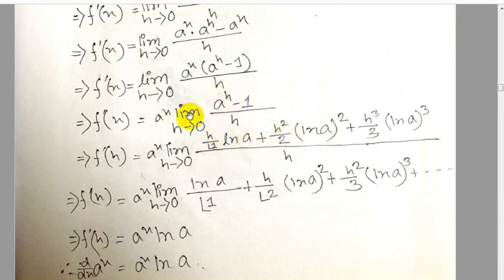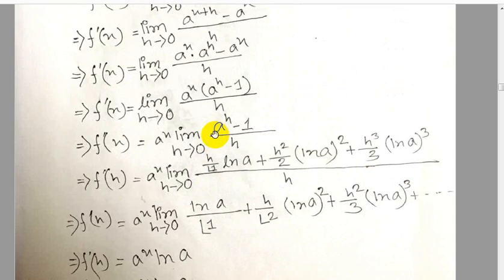We will solve this problem with the Maclaurin expansion of a to the power x, and the Maclaurin expansion of a to the power x is x divided by 1 factorial ln a plus x square divided by 2 factorial ln a square plus h cube divided by 3 factorial ln a cube plus so on.